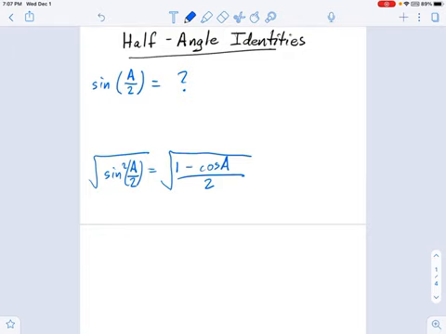So what's that going to give me? It's going to give me sine of a over 2. And remember, this is really a plus or minus square root on both sides, which turns it into sine of a over 2 equals plus or minus the square root of 1 minus cosine a all over 2. That is your half angle identity for the sine of a over 2.